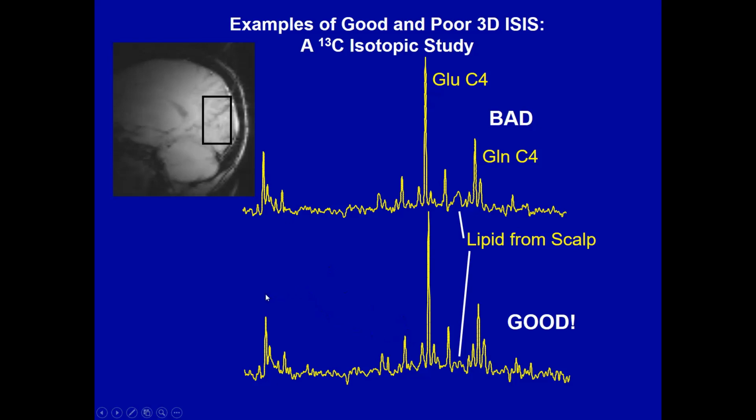Another one, they moved a little bit during the 8-cycle ISIS. At the bottom, there's very little lipid signal left. At the top, there is some lipid signal left. We can still quantify the peaks of interest, but this illustrates what happens when someone moves. If someone moves a lot, this peak will become very big, and it becomes difficult to quantify the peaks.